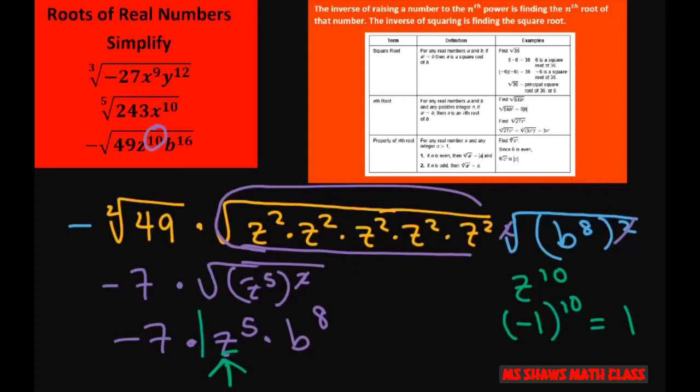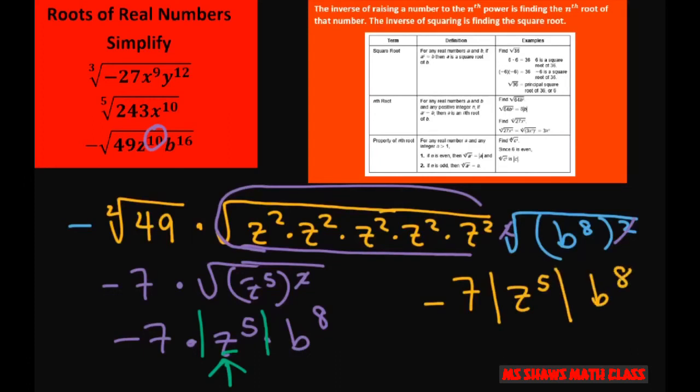So what you have to do is write this as the absolute value, because we're just simplifying. So it has to be the same for whatever number we plug in. So the final answer is negative 7 times the absolute value of z to the 5th times b to the 8th. And that's it.